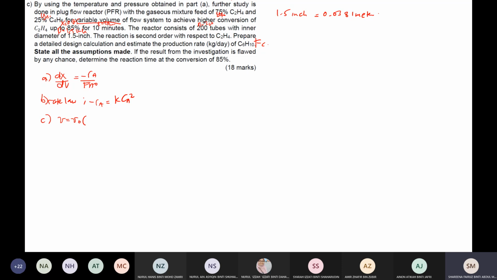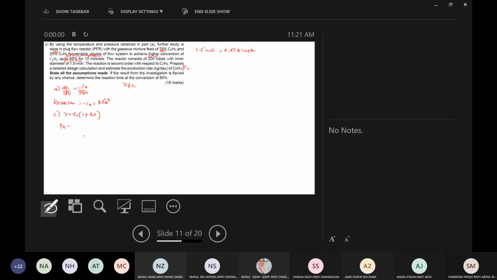Dia dah bagi tahu variable means that dia takkan sama macam ni. Alright, so dia akan jadi V is equal to V naught. Remember, this is gas. So dia tekan 1 plus epsilon X. Okay, alright. So daripada situ, buat stoichiometry lah, one by one. Okay, for example, I terus ni lah nak cepat. So we have F_A is equals to, kenapa?